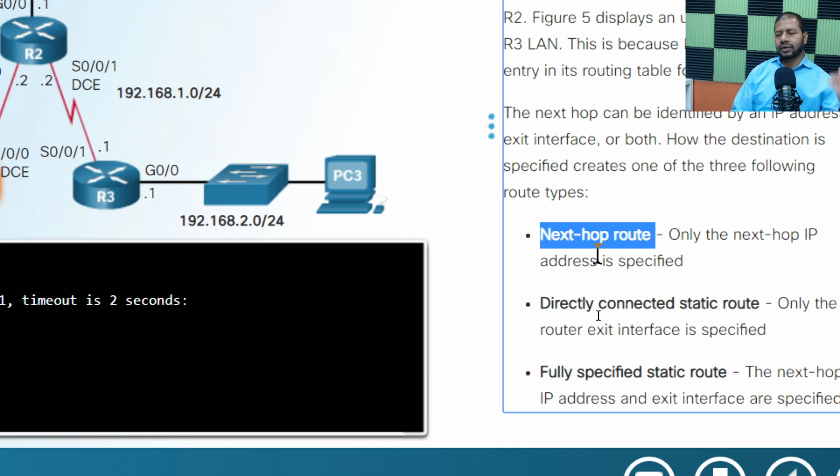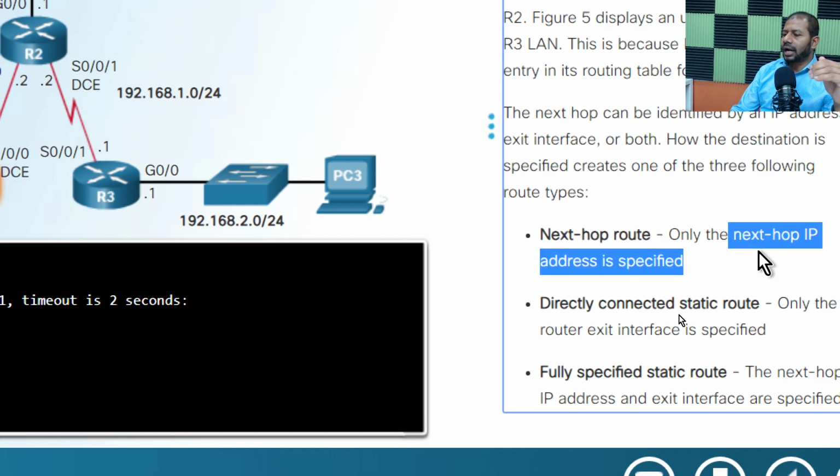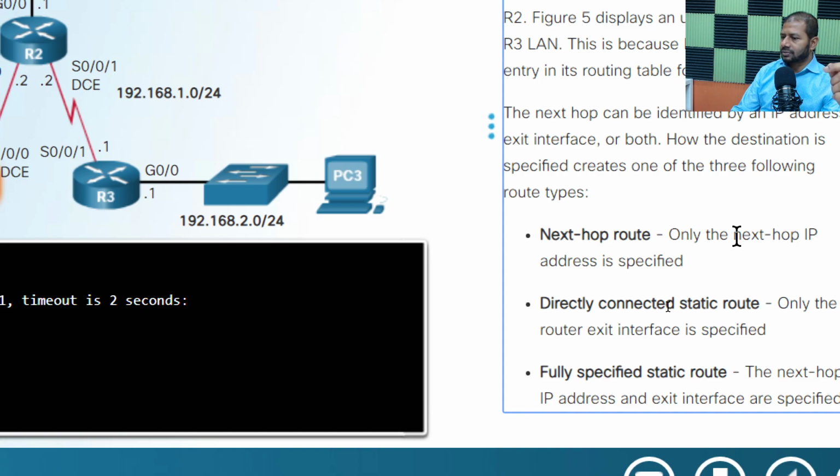When you add a route, when you write a routing entry in the routing table, you can use only the next hop router's IP address. You did not specify which interface to go out through, like serial interface or gigabit. You only write down the next hop's IP address. That's called next hop route.